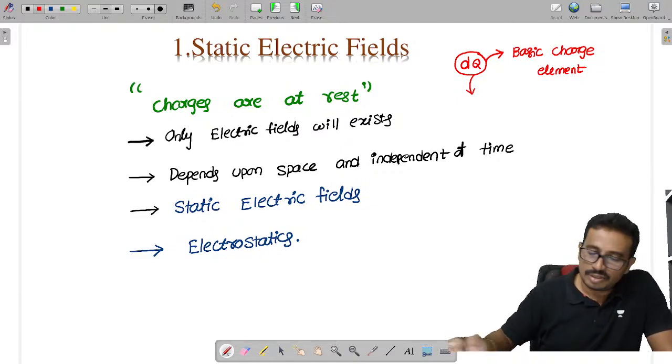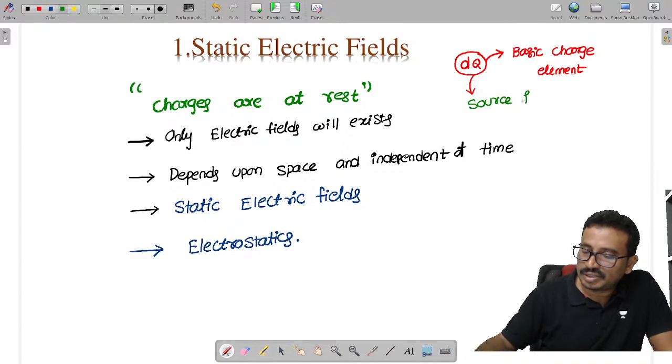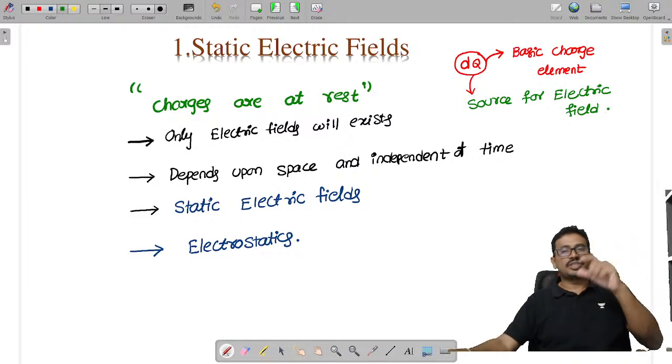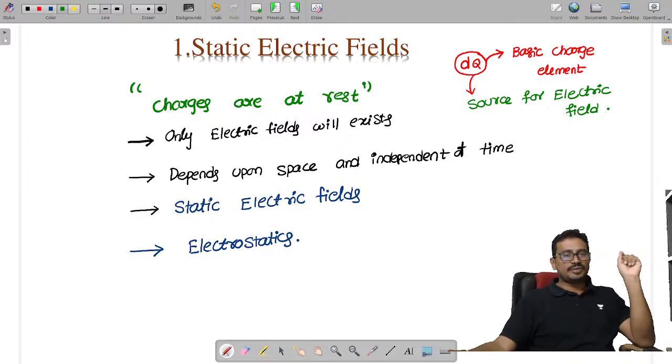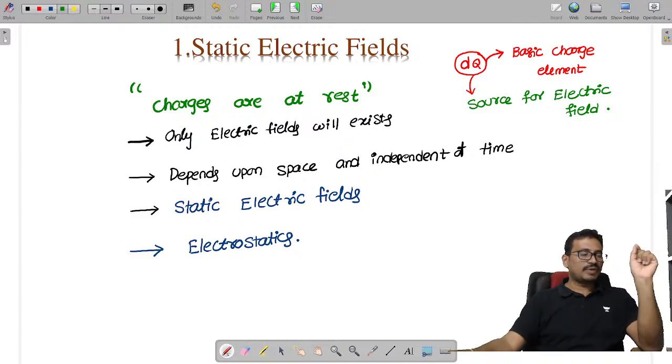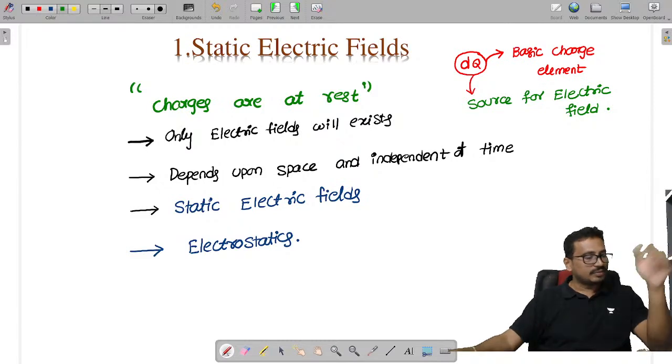So this dq is the source for the electric field. What is the source for electric fields? dq, the basic charge element. Because of dq we have an electric field, right?